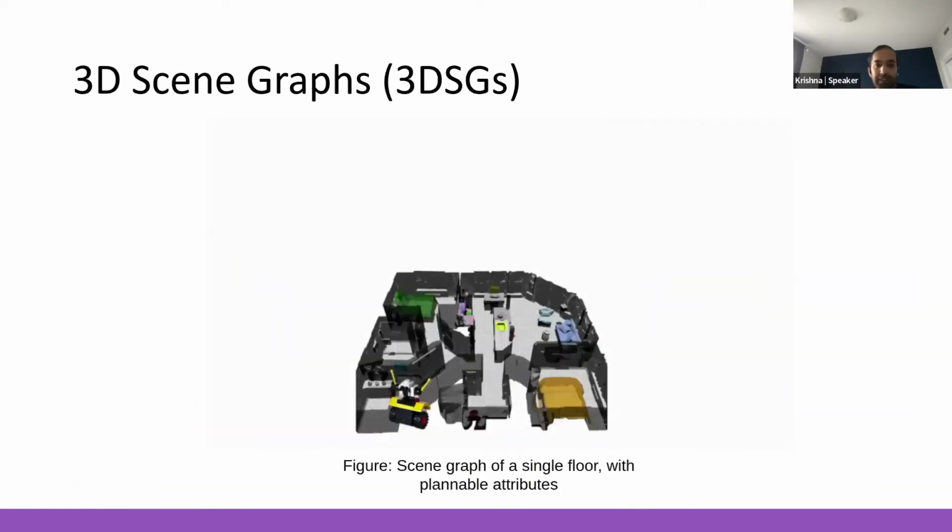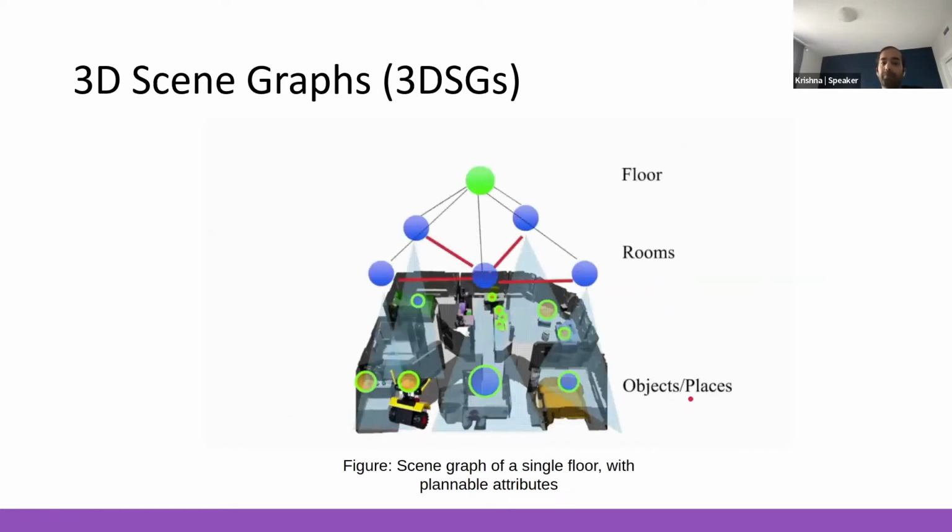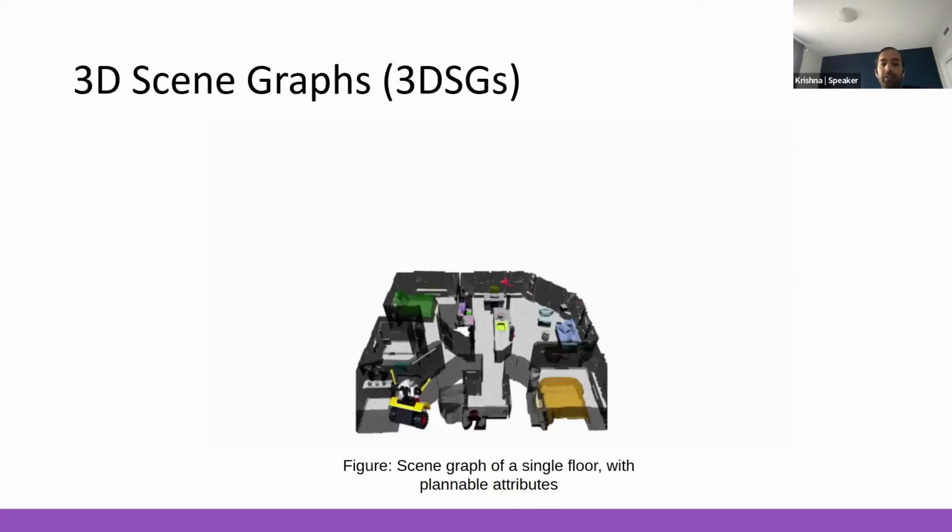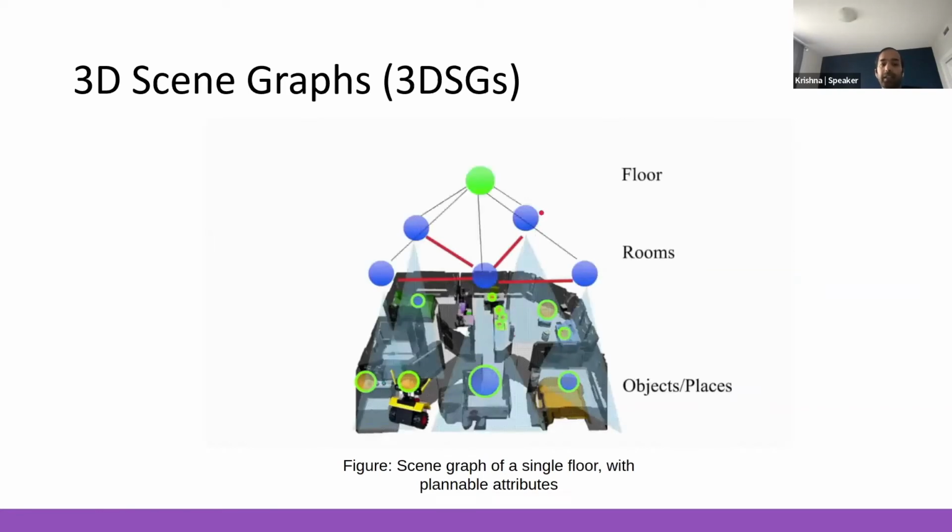Again, here is one example of a 3D scene graph. In this paper, we talk about scene graphs. The lowest level in the scene graph is an object, and then objects are grouped into places. For example, all of the objects that are on a particular table are grouped into one place that denotes that table. Then they're organized into rooms, rooms are organized into floors, and then you have a building.